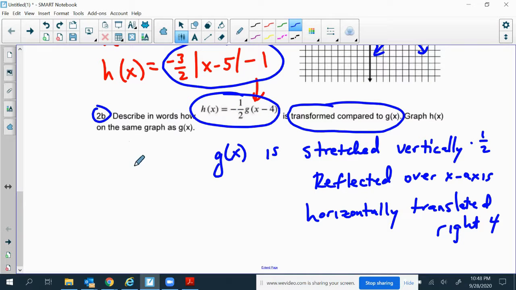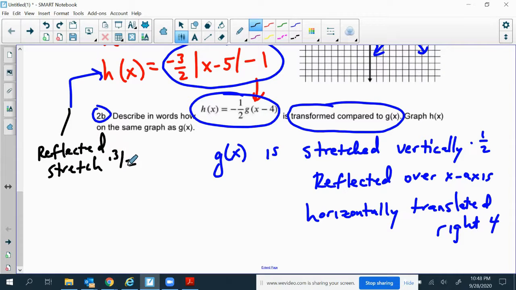What a lot of us were doing was describing h of x in terms of absolute value of x. So we would say things like reflected, a stretch of 3/2, right 5, down 1, or something like that.